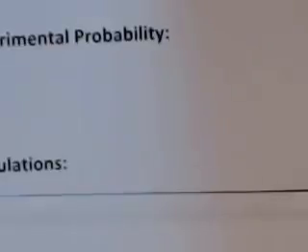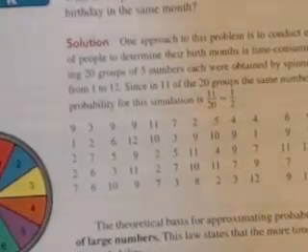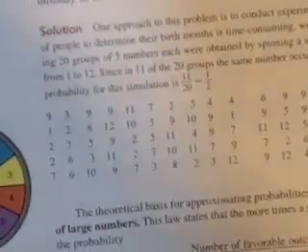For example, I'm looking at the example on page 531, example K. If I wanted to predict how long it would take me if I randomly stood on campus and asked students their birth month, how long would it take me to get 5 people?